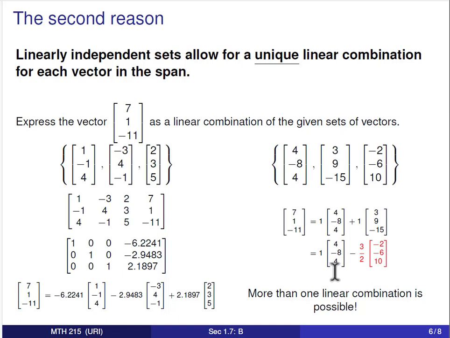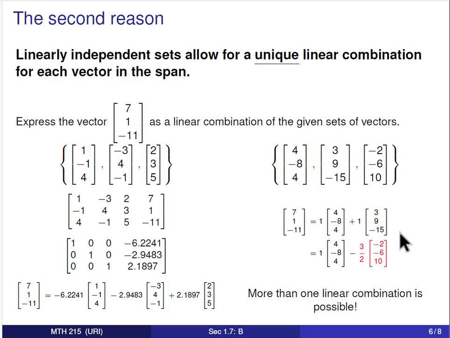And in general, what this leads to then is that we get more than one choice of coefficients for these three vectors that will allow us to create that other vector in the span. This is in contrast to the situation where there was exactly one solution to which coefficients you should use. Now actually there are multiple solutions to the coefficients we could use. More than one possible linear combination will produce the 7, 1, minus 11.